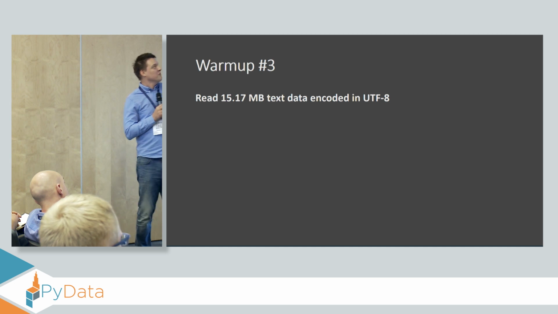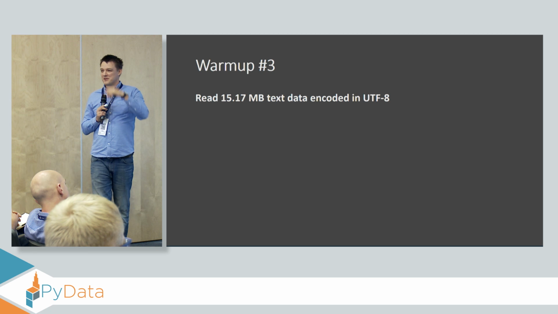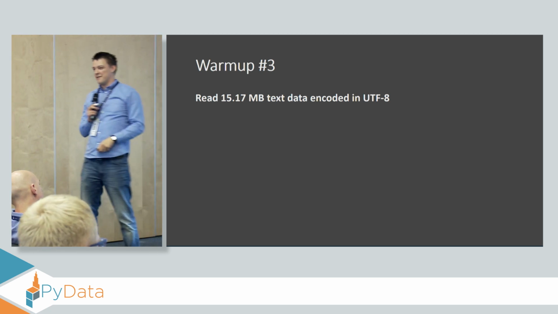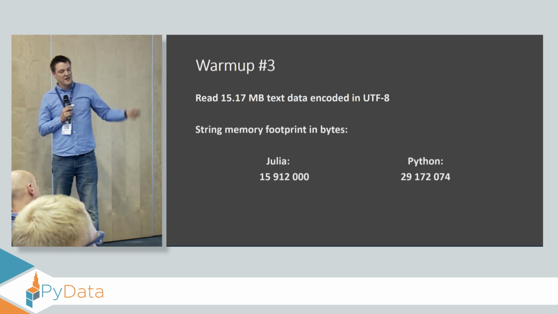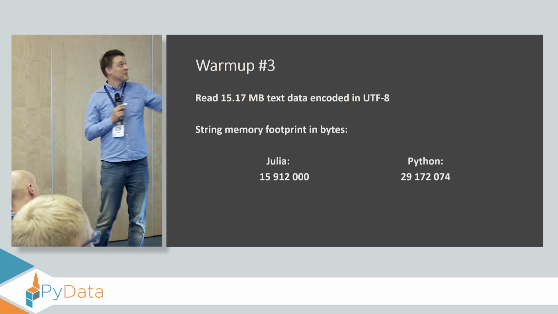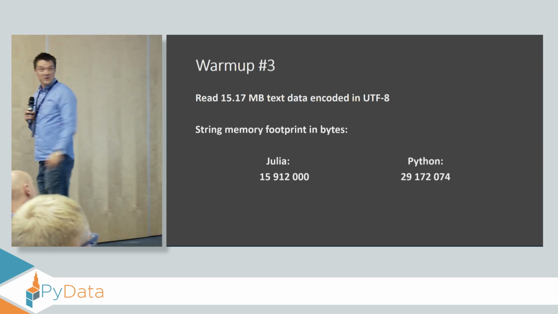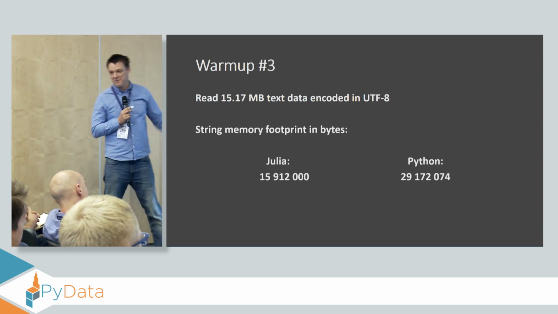So I want to read it into memory. How much memory do you think a typical UTF-8 file would eat up in Python? It would eat up around 30 megabytes. Actually, this file, because this was an actual file, eats 30 megabytes of memory. In Julia, it eats 15 megabytes with a bit of overhead.